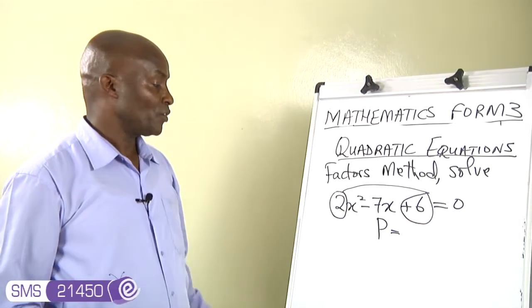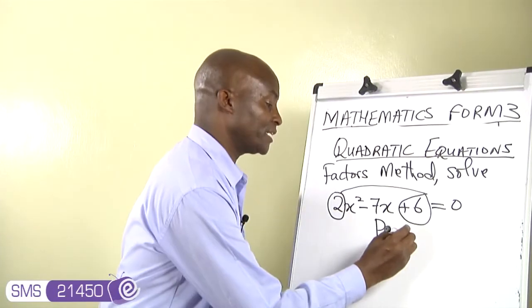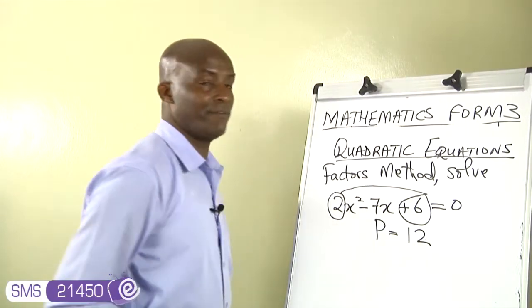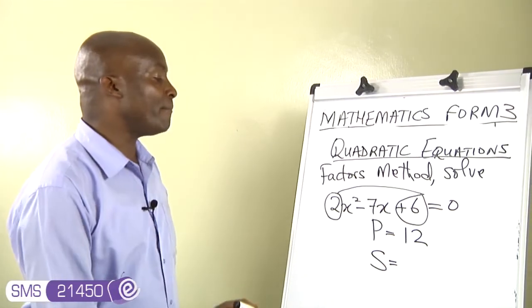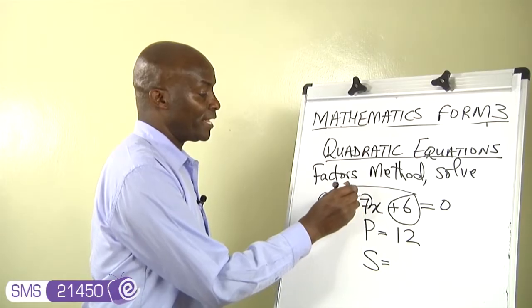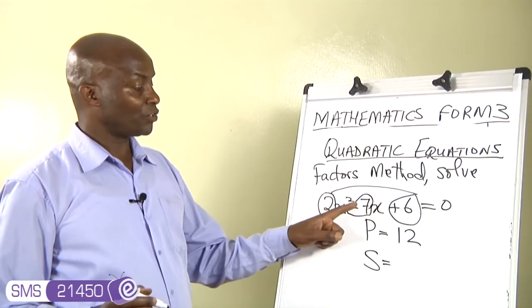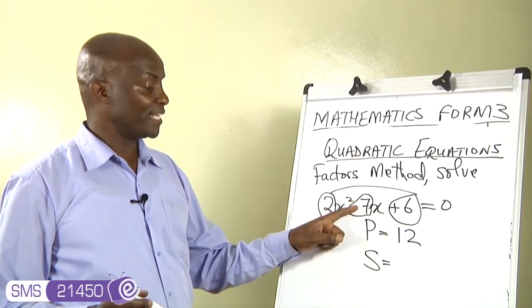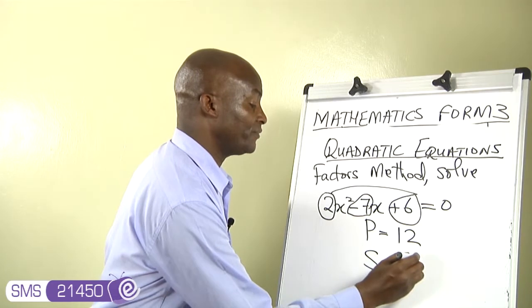So here we have 2 times 6, which gives us positive 12. And then the sum. The sum is given by the coefficient of x. Also, we have to be careful about the sign that comes in front of it, and this is negative 7.